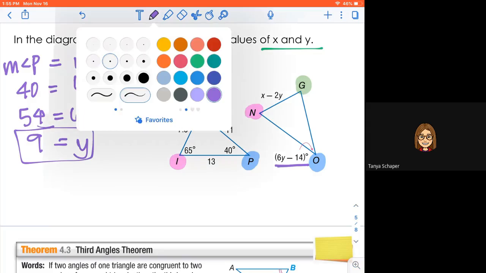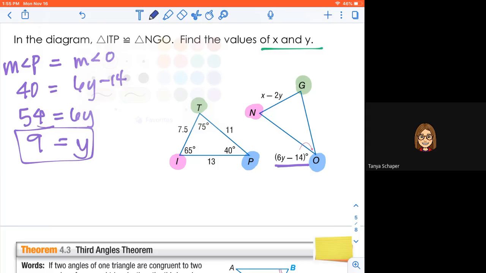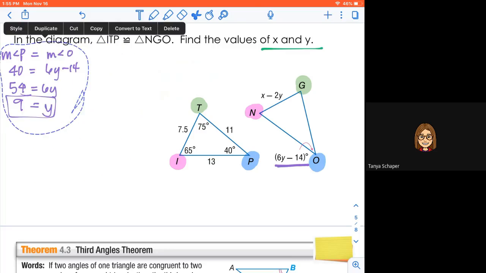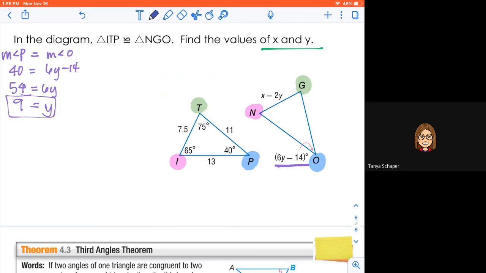The next one I need to figure out is going to be X. So I'm going to shrink this down a little bit. I'm going to move it off to the side. And here we go. So x minus 2y goes between N and G. So that's going to be the same as 7.5.